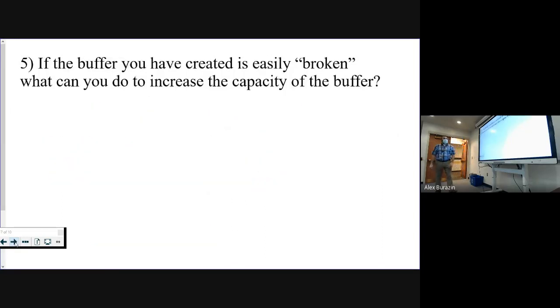If the buffer you have created is easily broken, what can you do to increase the capacity of that buffer? We broke 2 buffers in problems 3 and 4. What could I have done to make that still work? Let's just add more stuff. Meaning, if our buffer has more acid and more base in it, higher molarities, then it's going to be better.